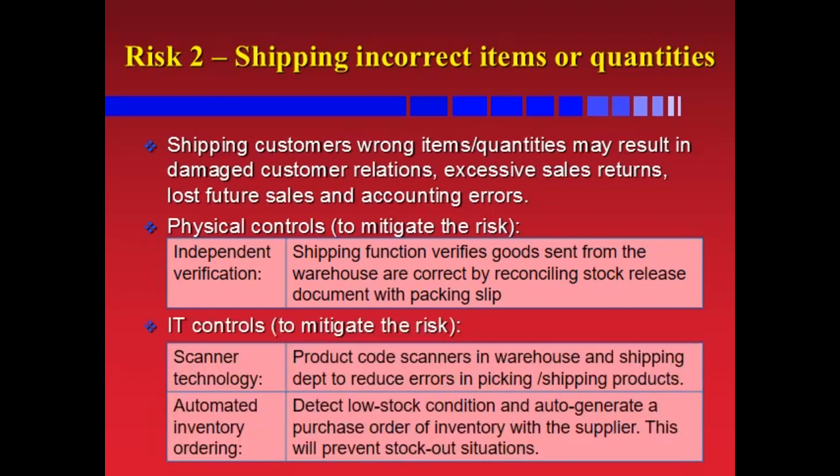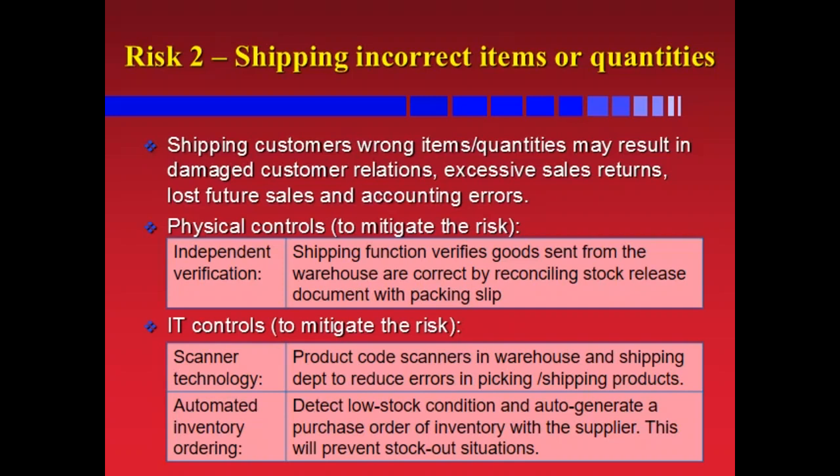IT controls may be in the use of scanner technologies and automated inventory ordering. Product code scanners can reduce the risk of human error in picking and shipping incorrect products. When scanning, the system will verify that items selected match those on the sales order.